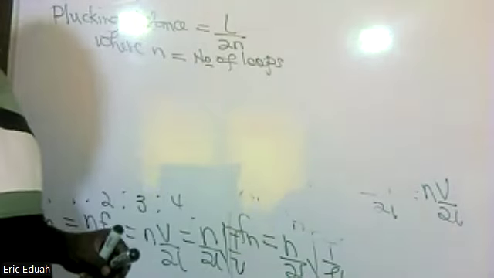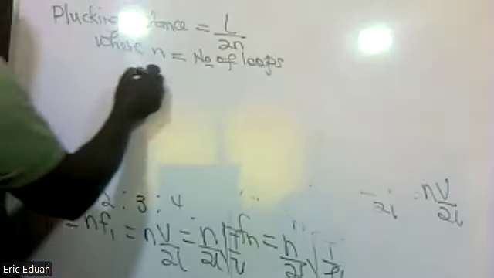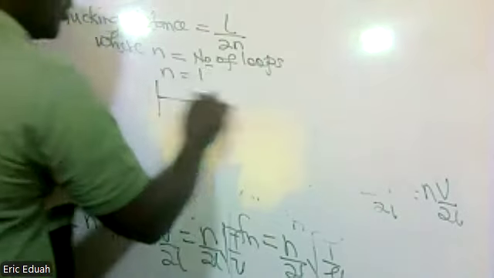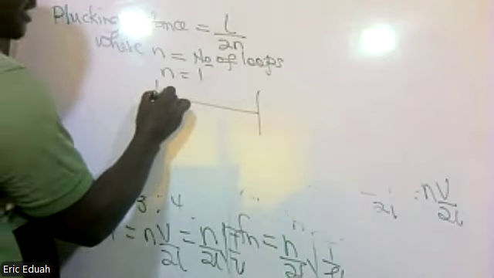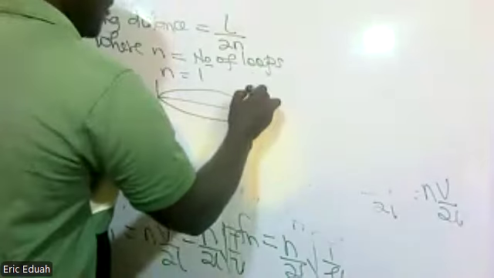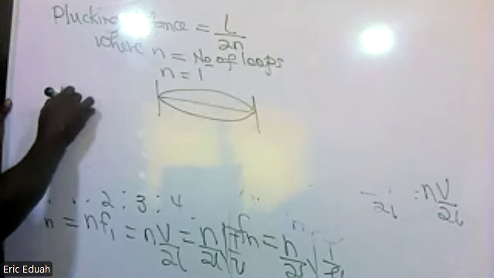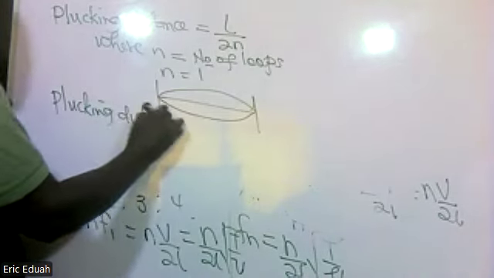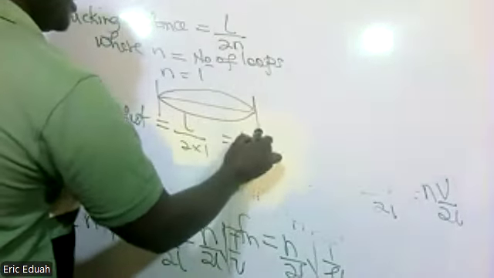Meaning that when a string vibrates and the loop formed is just 1, n is equal to 1, which in drawing has this shape. Just the first harmonic. Then the blocking distance from one end of the string must be equal to L over 2 times 1, which is half the length.